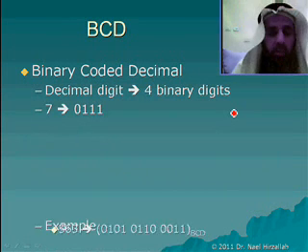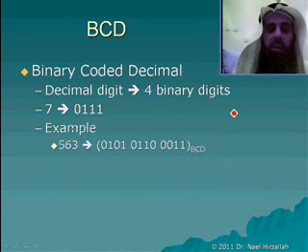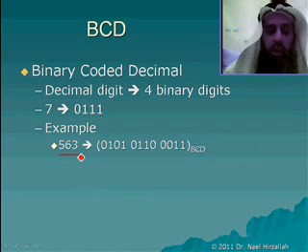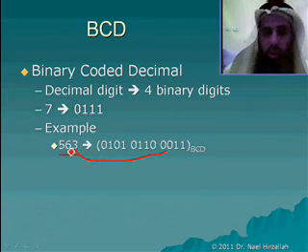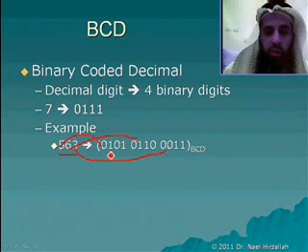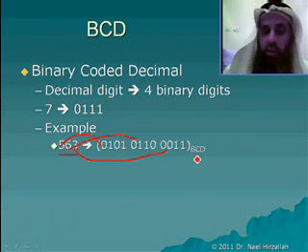For example, let's say that we have 563 and we want to convert it into BCD. We take one digit at a time. The 3 is basically 0011. Again, each digit is 4 digits in binary. 6 is 0110, and 5 is 0101. We concatenate these together and we end up with a long BCD number.